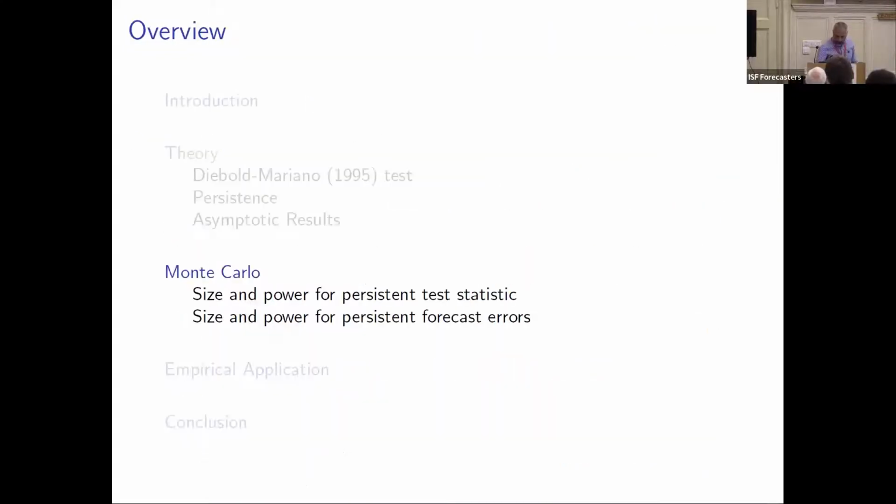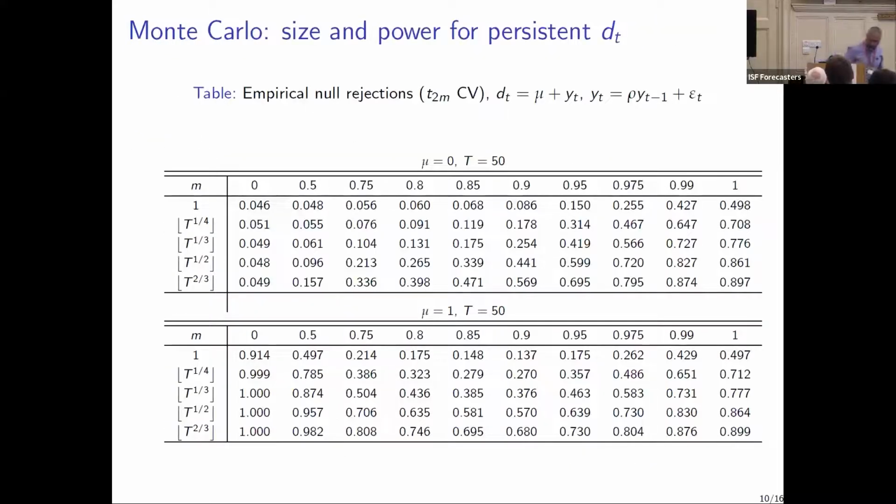Right, so I threw some numbers at the computer, and that's what I got. So these are different bandwidths, M1 or T1/4 to 1/3 and so on. And these are different values of rho. So the default would be to have rho equal to 0. So mu 0 would be the case of size, mu 1 the case of power.